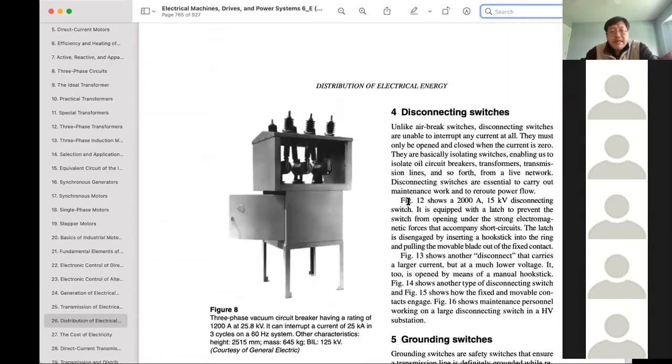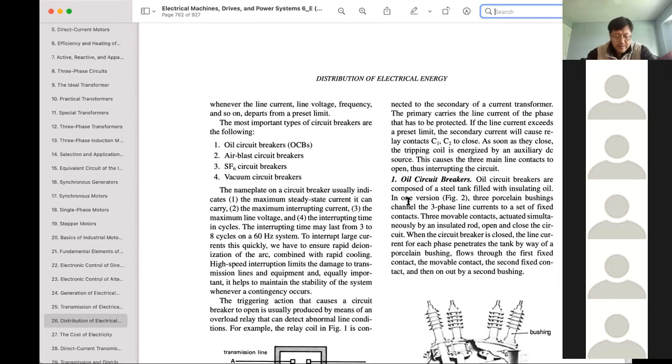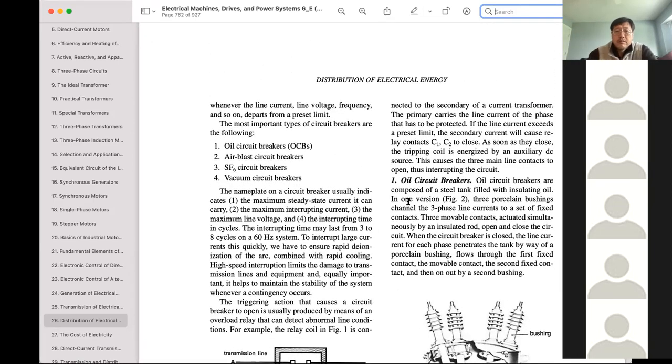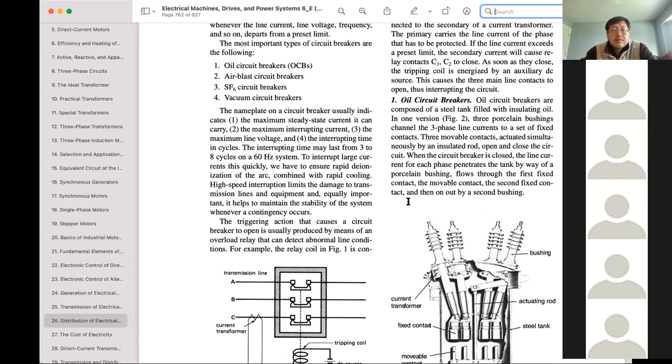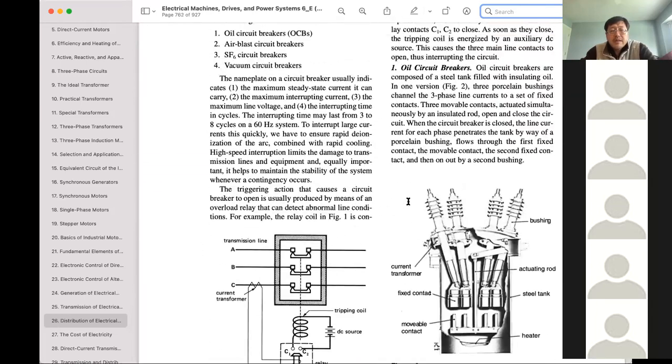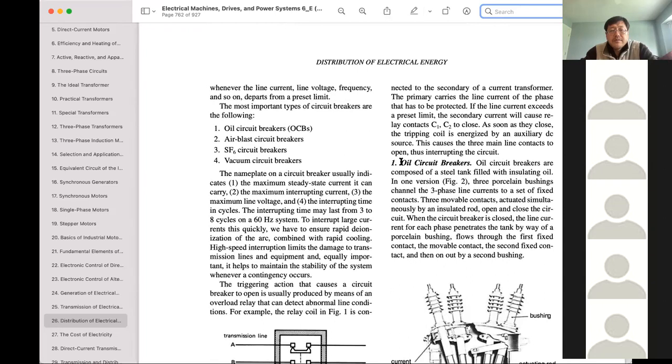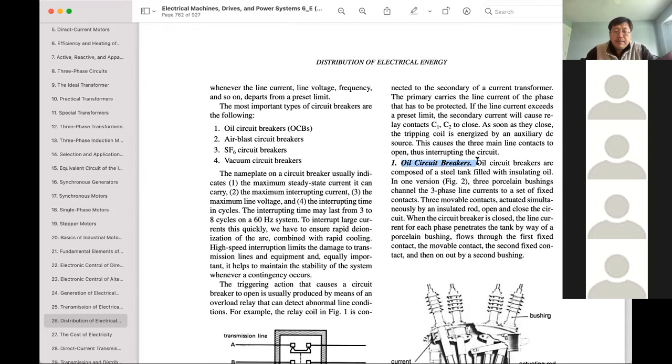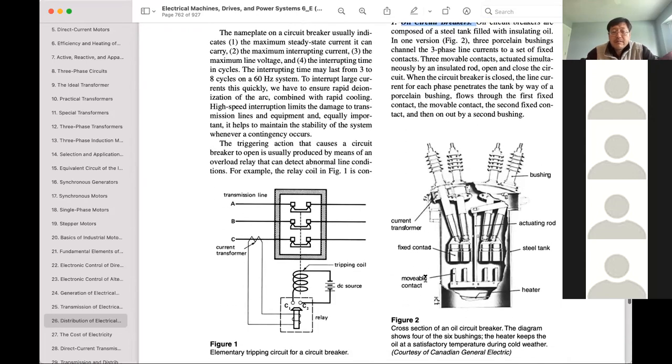So that is a substation. Now the first component we want to cover for the substation are the circuit breakers. Basically, it is the exact same circuit breaker you have in your basement, only bigger.